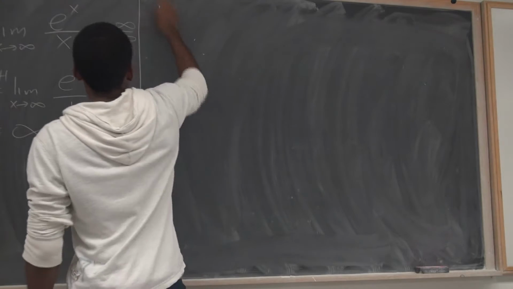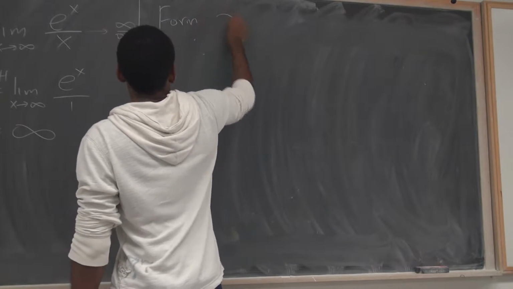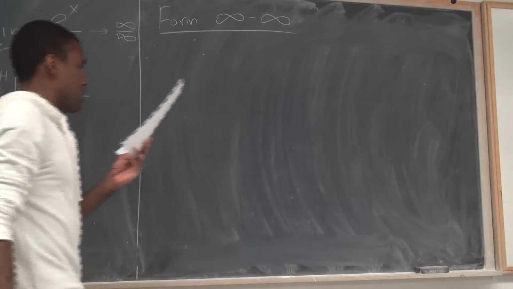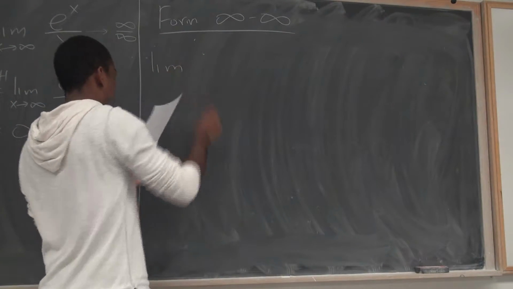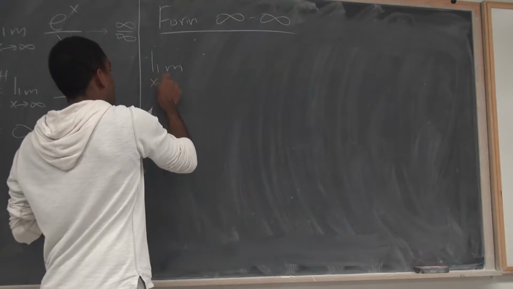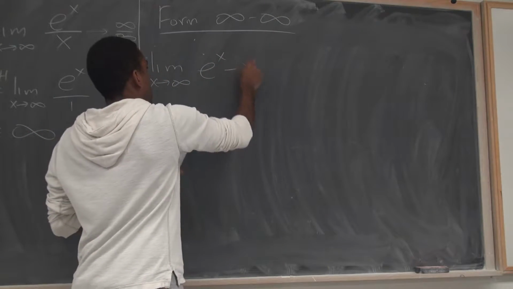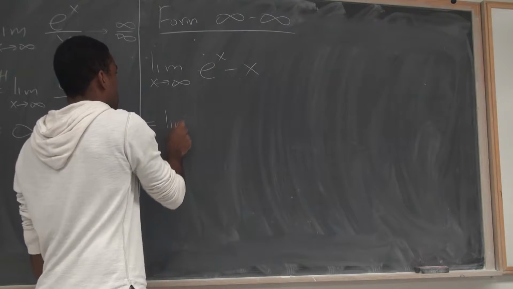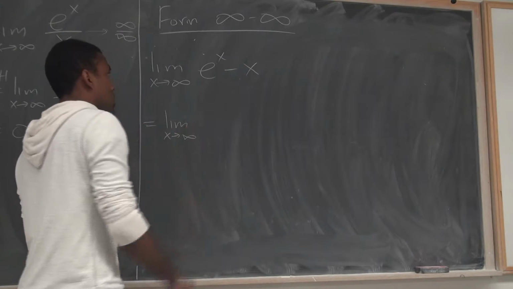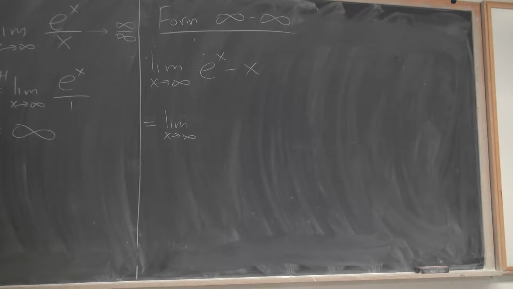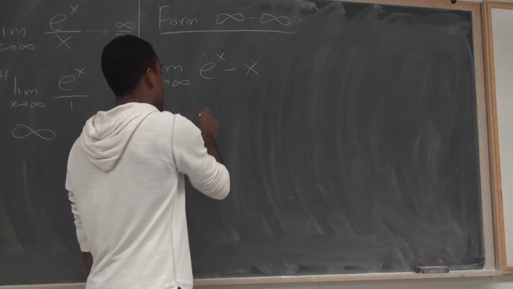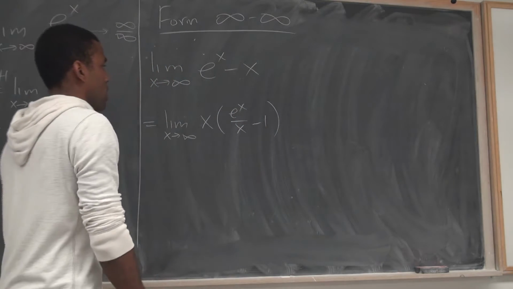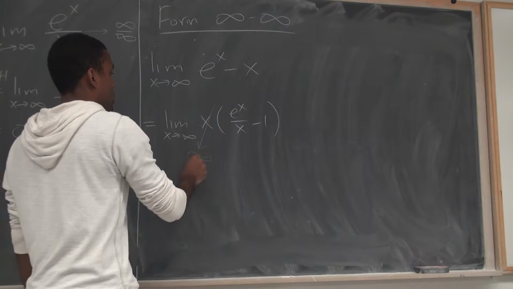Then I looked at the form infinity minus infinity, which is another indeterminate form. The example there was the limit as x approaches infinity of e to the x minus x. The trick here, it's not in L'Hopital's rule form, but we could factor out an x, where I know this is going to infinity.